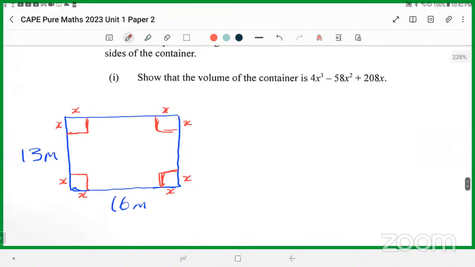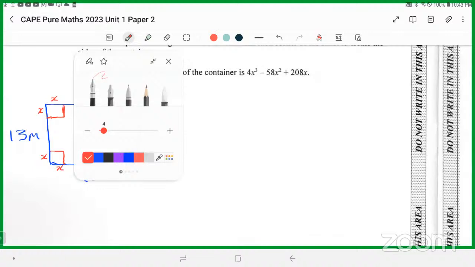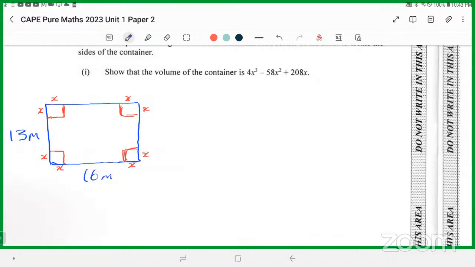Those are removed. When I remove those, you're going to get back this shape left, something like this. Agreed?